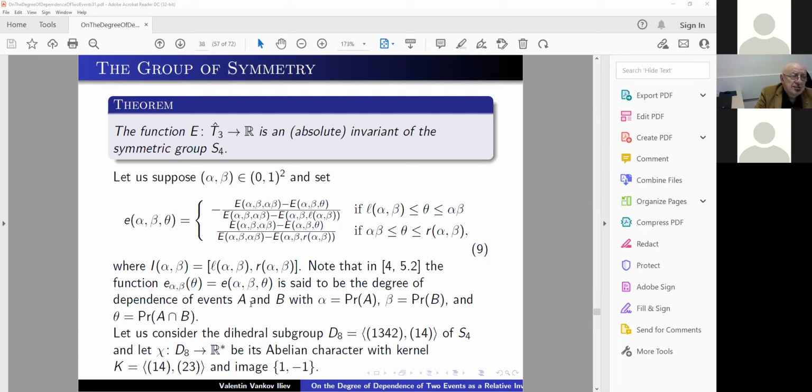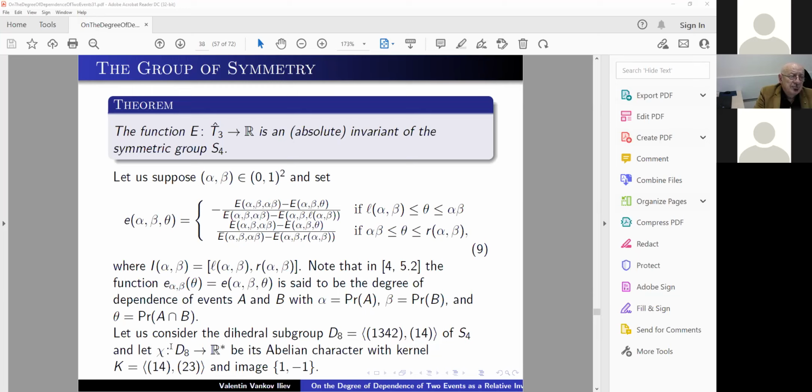And let's consider the dihedral subgroup D8. It is generated by these two permutations, (1 3 4 2) and (1 4) in S4. And this is one of the three Sylow 2-subgroups of S4.